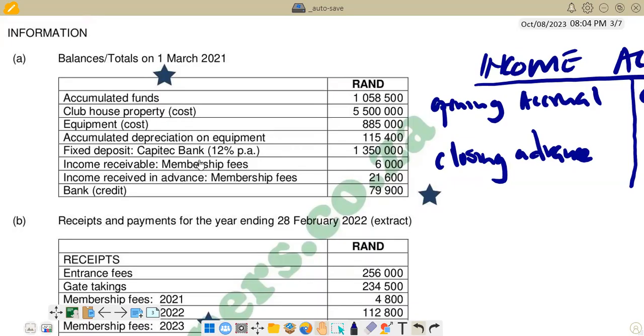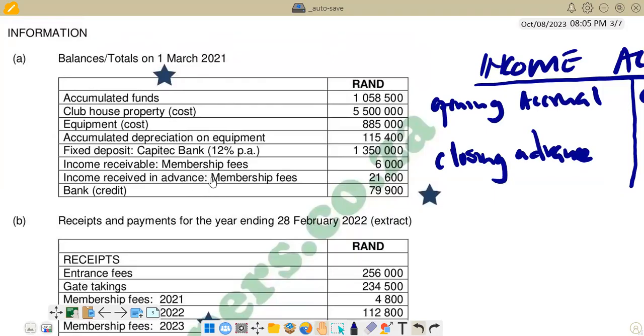Received in advance means a prepayment: membership fees for the next period that we have received this period.